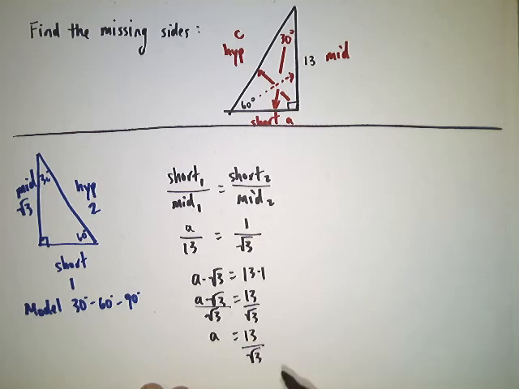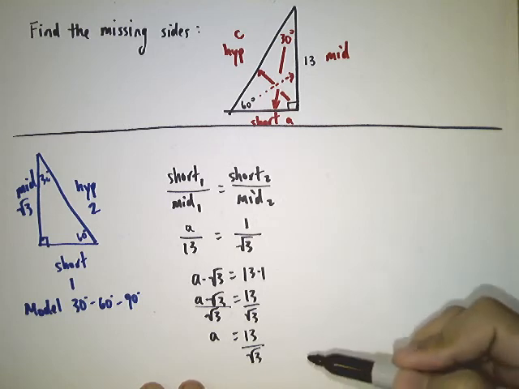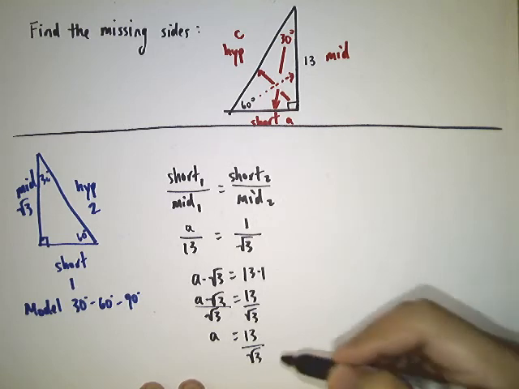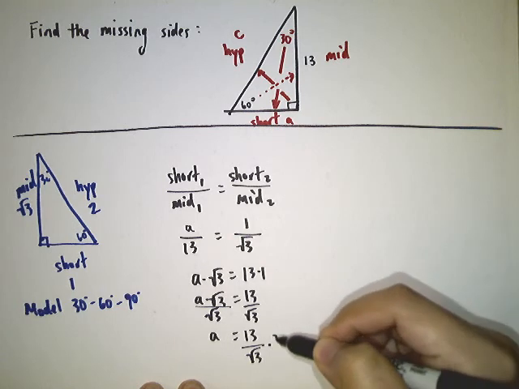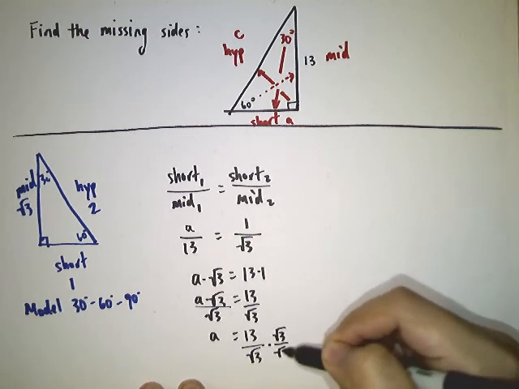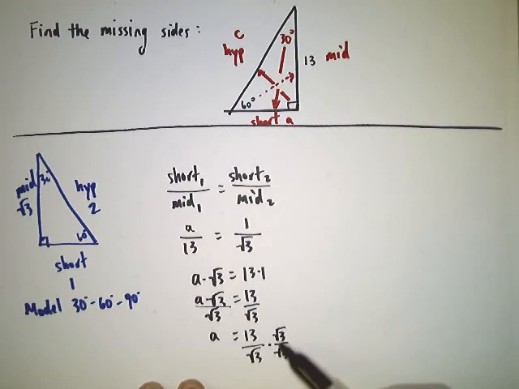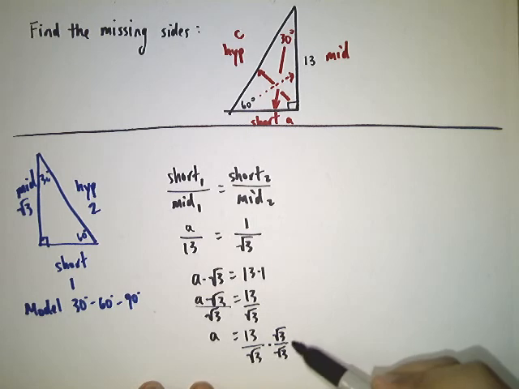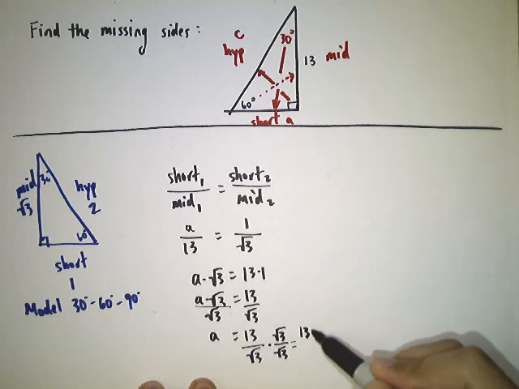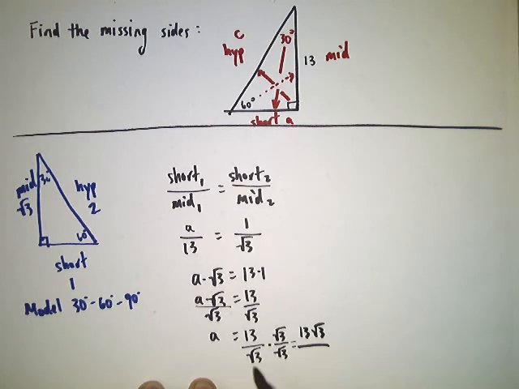It's kind of gross. So the way we deal with that is by rationalizing the denominator. And the way we do that is by multiplying this by a creative form of 1. That's what root 3 divided by root 3 is. That's a creative form of 1 because root 3 divided by root 3 is 1. And this does nice things for us. 13 times root 3, 13 root 3, and root 3 times root 3, well, that's the square root of 9.